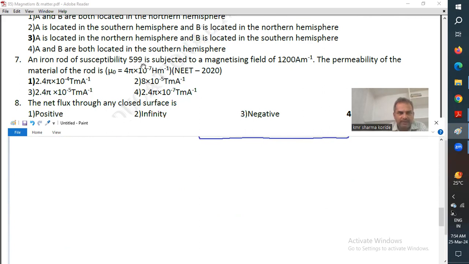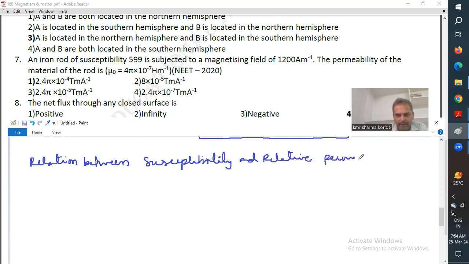An iron rod of susceptibility 599 is subjected to a magnetic field of 1200 ampere per meter. The permeability of the material is the question. So first you get the relation between susceptibility and relative permeability.